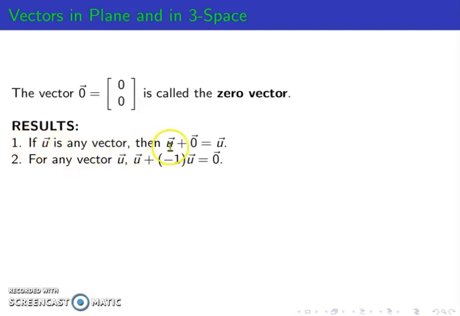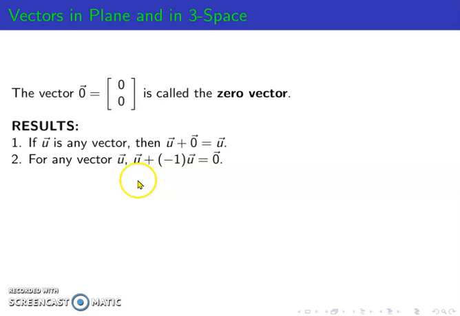So number 1 is true because the components of the 0 vector are all 0. So plus i-add mo sa component ng U, that will not affect the components of the vector U. So kahit anong number pa yan, i-add mo sa mga components niya na 0, it will just go back to the vector U. So you have just the vector U.